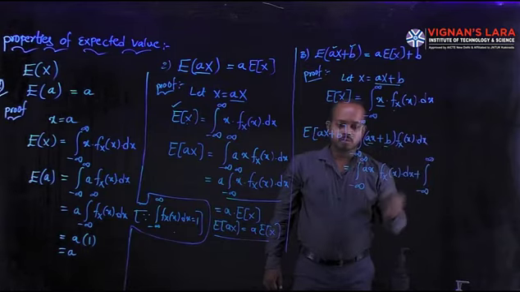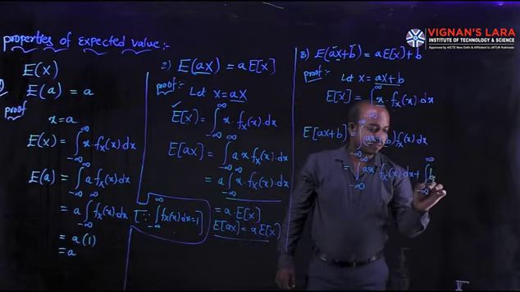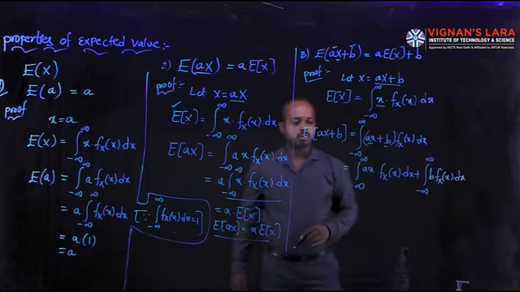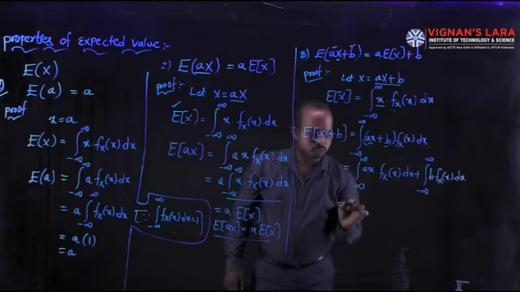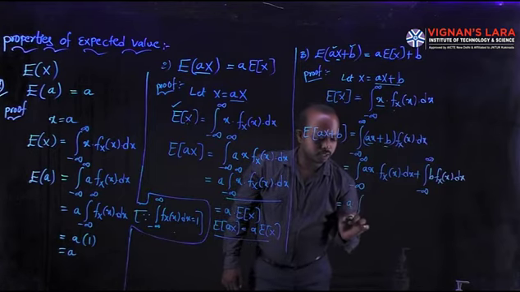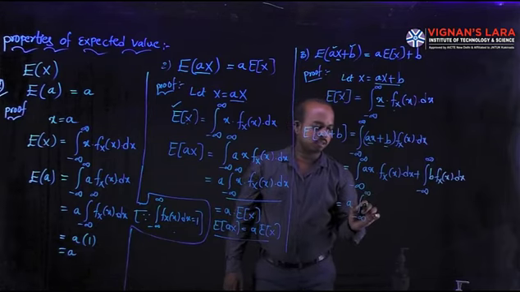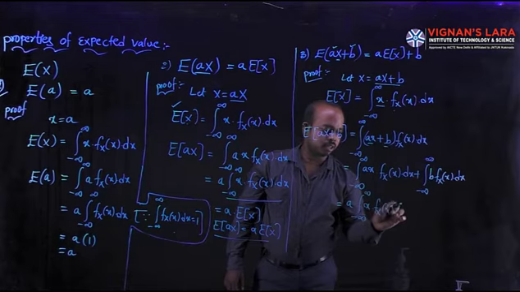That's why I am giving the integration to the second part. The second part is b into fx of x into dx. Now we can move the a term in the first term before the integration: a integral minus infinity to plus infinity x into fx of x into dx.